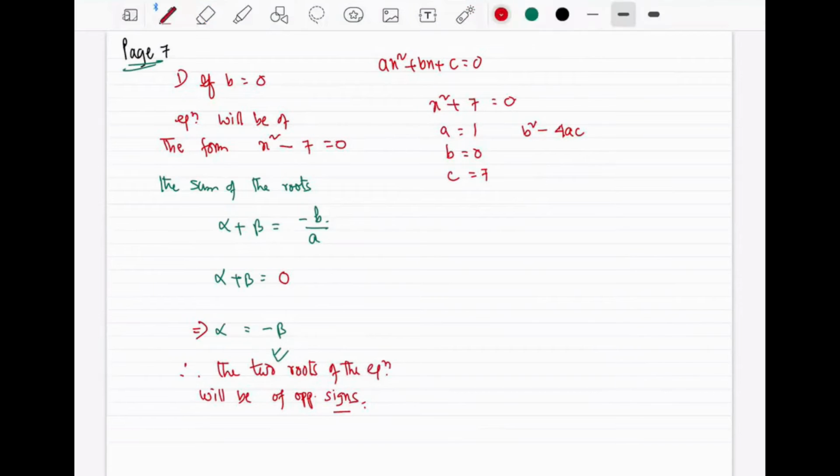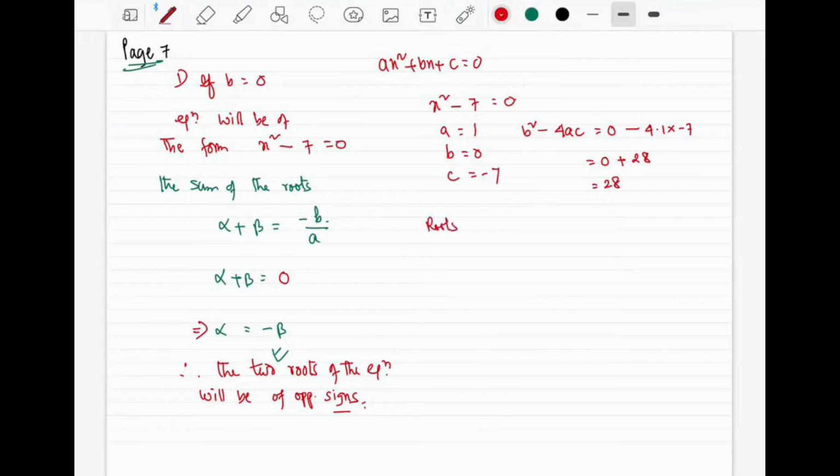Otherwise, we are getting imaginary roots. So c is not 7 anymore, it will be minus 7. If you calculate b squared minus 4ac, what is the value now? It will be 0 minus 4 into 1 into minus 7. So we get 0 minus minus is plus, 4 times 7, so we get 28.